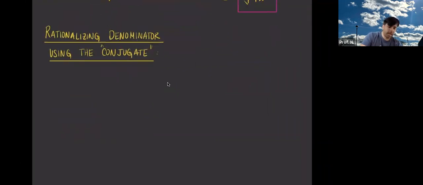So I have this thing called the conjugate. So when does this happen? When do I use this idea of the conjugate? Well, I use it when I have a situation such as the following.